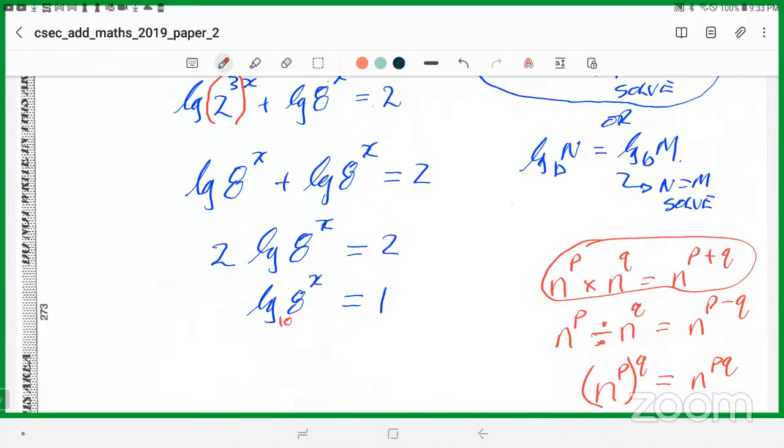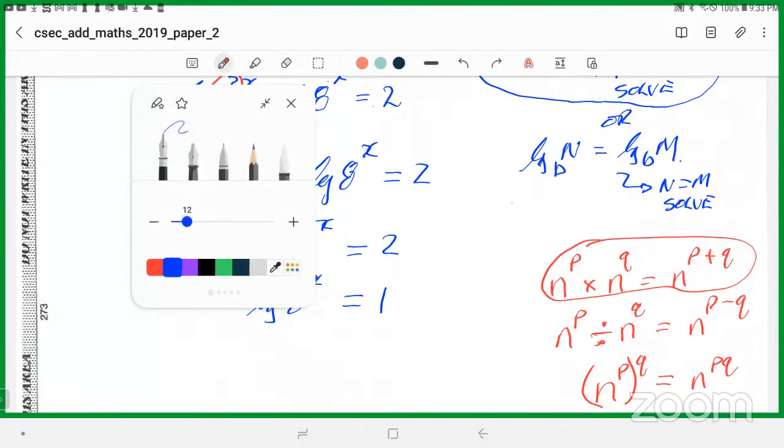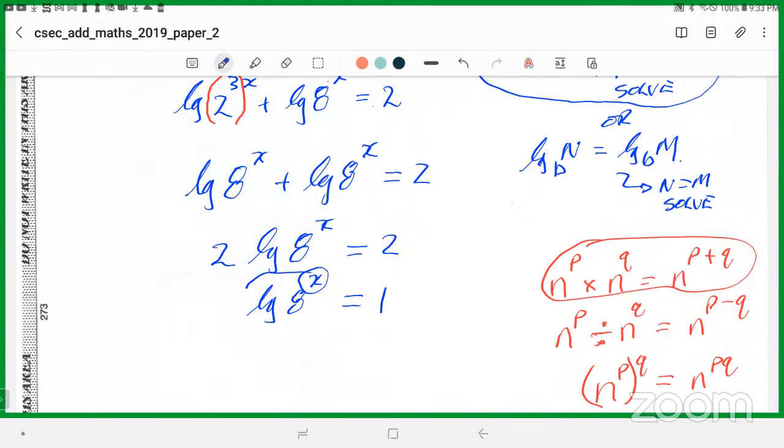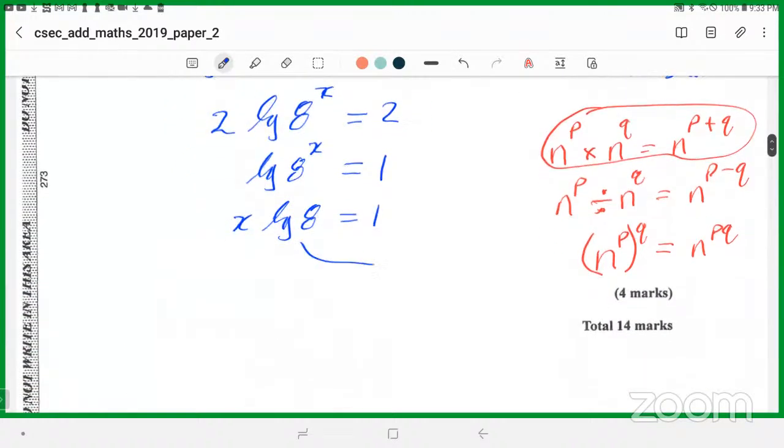So using the laws of logs now again, I can move this x to the front. And so we're going to get x log of 8 equals 1. And I can divide by the log of 8. And so x equals 1 divided by the log of 8.